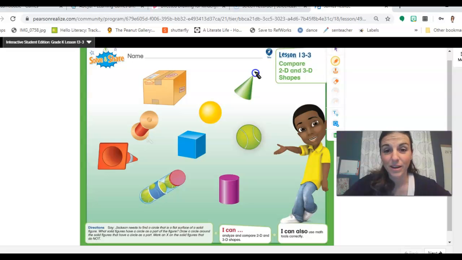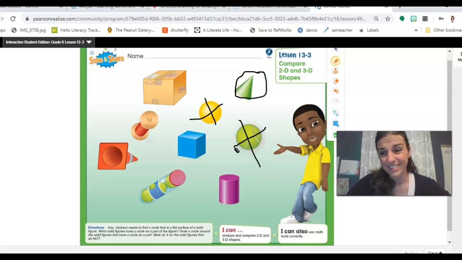It does on the bottom, right? A cylinder has a circle. Does this box have a circle? No, it doesn't. Does the sphere have a circle? No, it doesn't. And they ask you in the directions here to put an X on the shapes that do not have a circle. Although a sphere, you kind of connect with a circle, it's not a circle, is it? And this cube does not either.